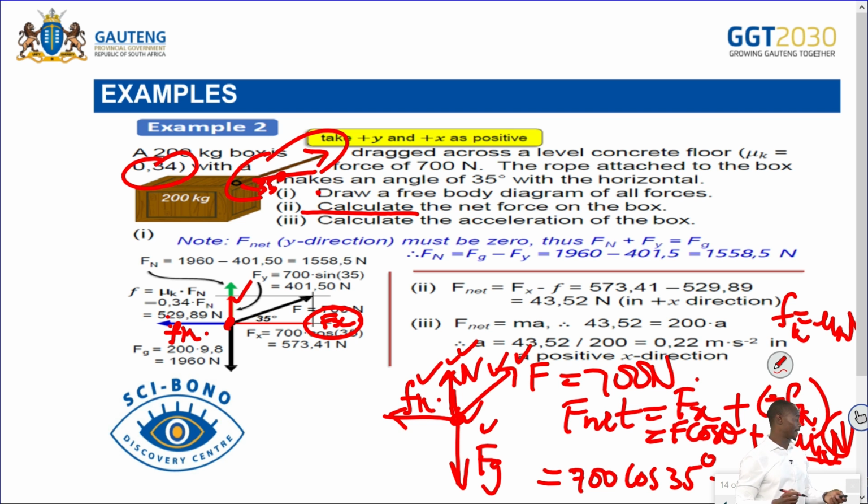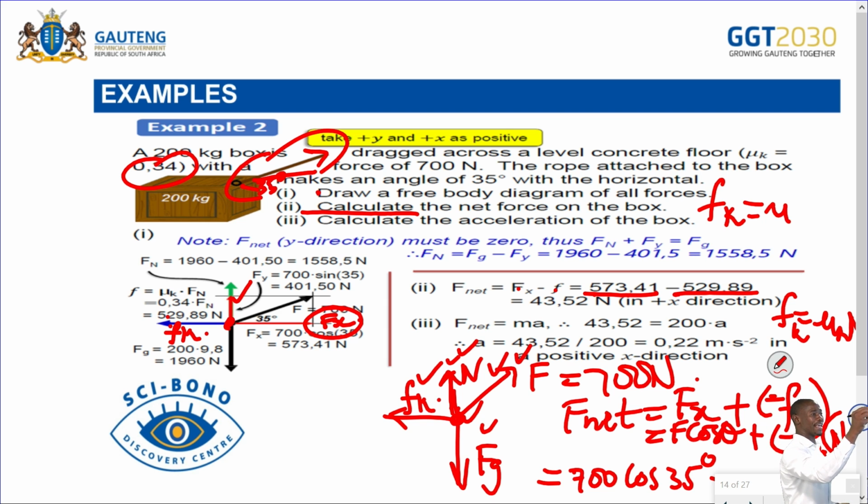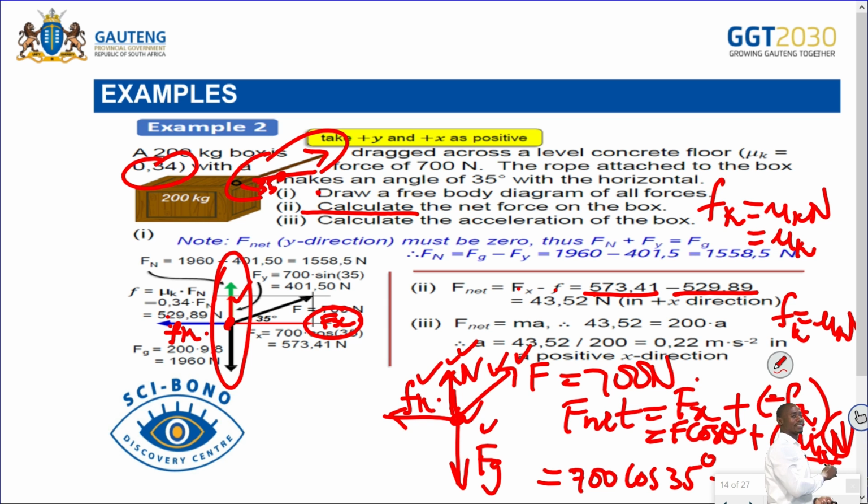So let's check here. This is Roman figure 2, Fx and F. My Fx is the magnitude of Fx, and then this is going to be the magnitude of Fk. How did they get this Fk? Remember, your Fk is given by mu k n, but my n here is what? How many forces are acting perpendicular to the surface?